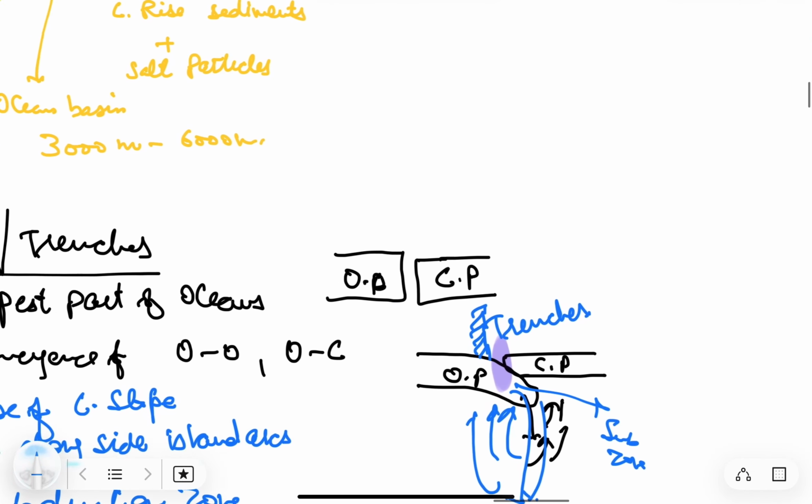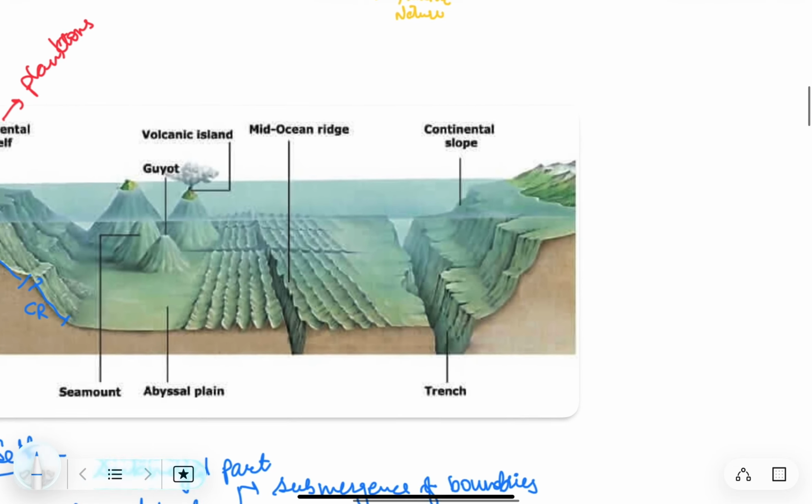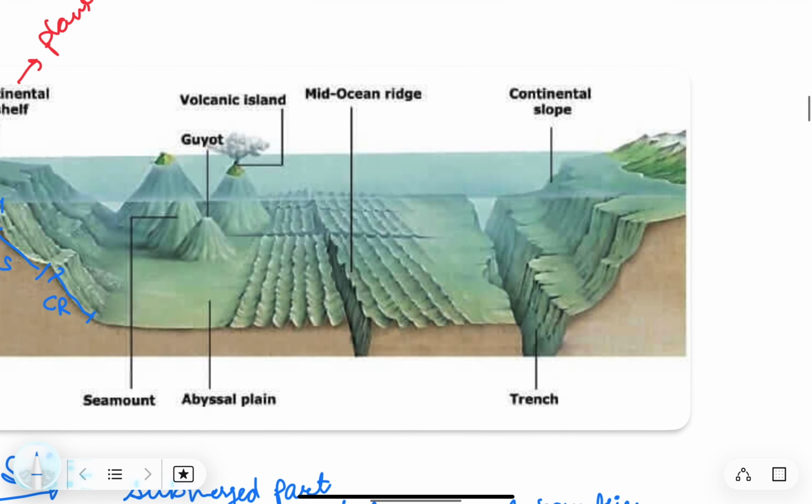These are formed when the plates diverge. When the plates diverge, lava comes up to the surface, and the plates might diverge again and again, so it will form the ridges here.